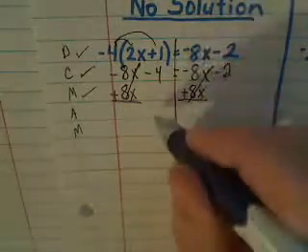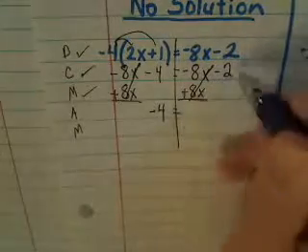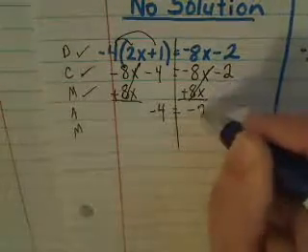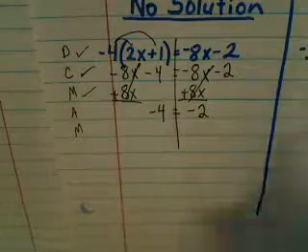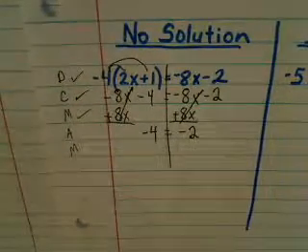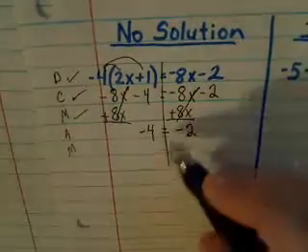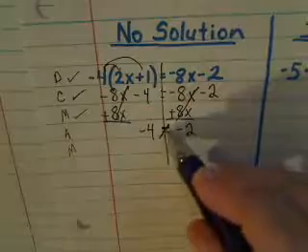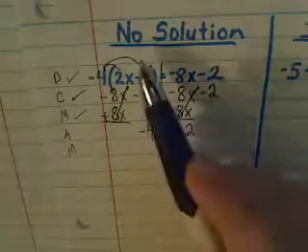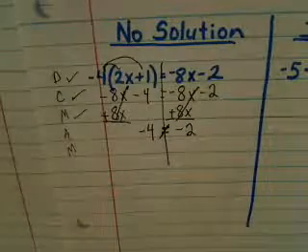So I end up bringing down a minus 4 is equal to a minus 2. So this is saying that a negative 4 is equal to a negative 2. Is that ever the case? No, it's not. So that means these are not equal, and so your answer would end up being no solution.